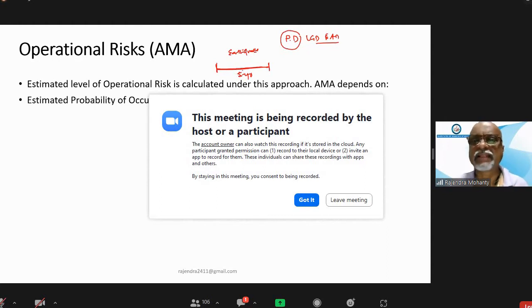So we can say that in a 5-year period, suppose as per yearly, it was happening maybe every 2 years once. So every 2 years once means it is 50%. So in a 5-year period, how many times will it happen?